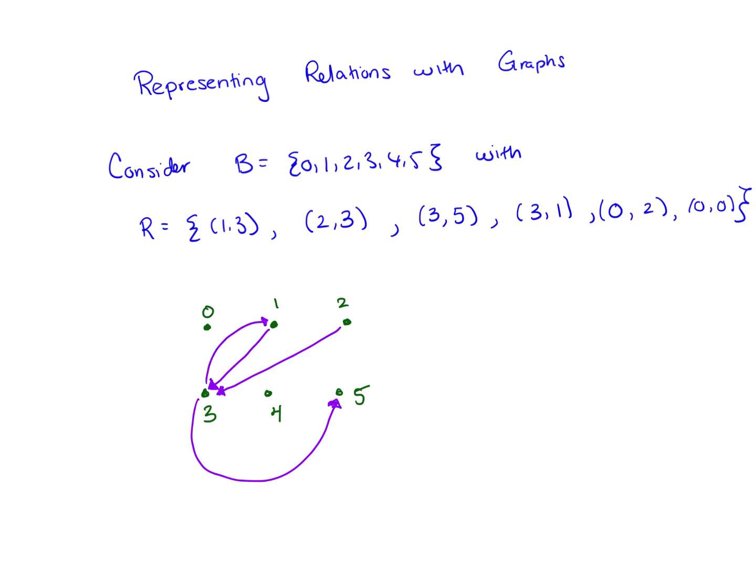That was different than 1 being related to 3 because they have a different direction of that arrow. 0 is related to 2, so I'll draw an arrow from 0 to 2. And finally, 0 is related to itself, so I get this little edge that loops back around on itself. So that could be a graph that represents this relation.